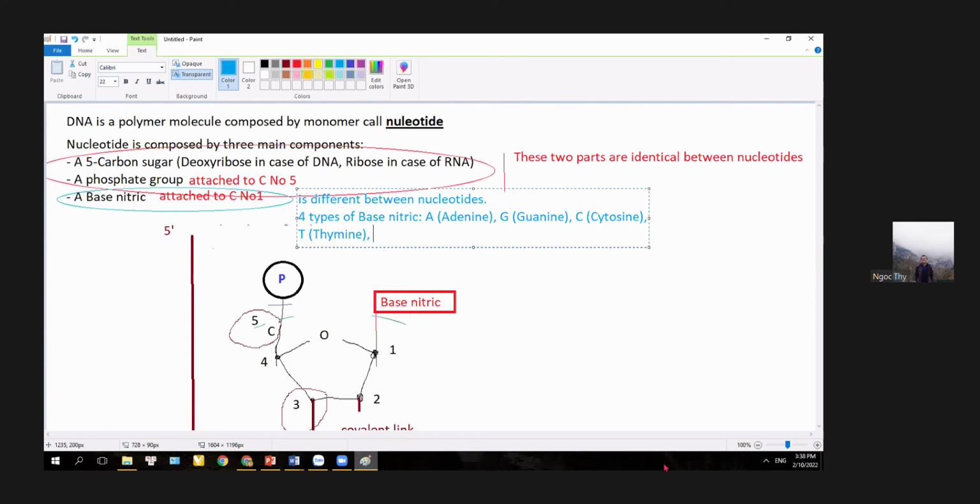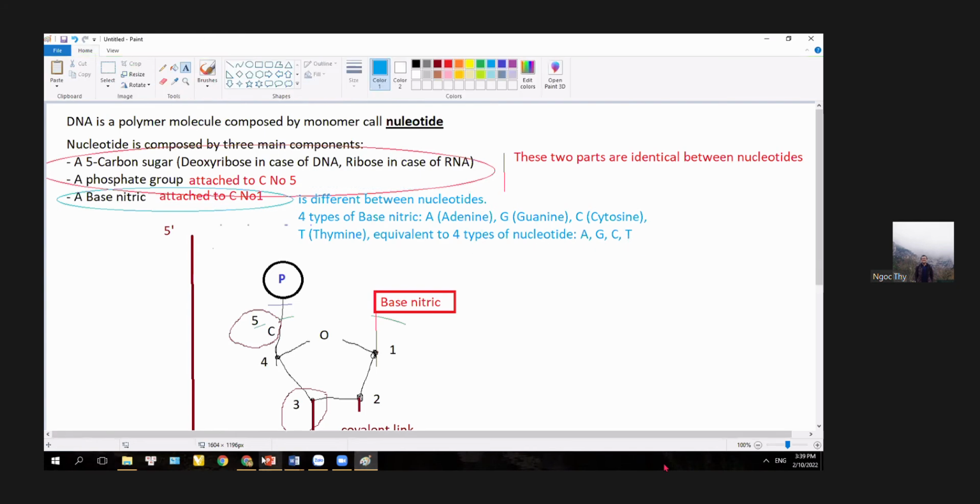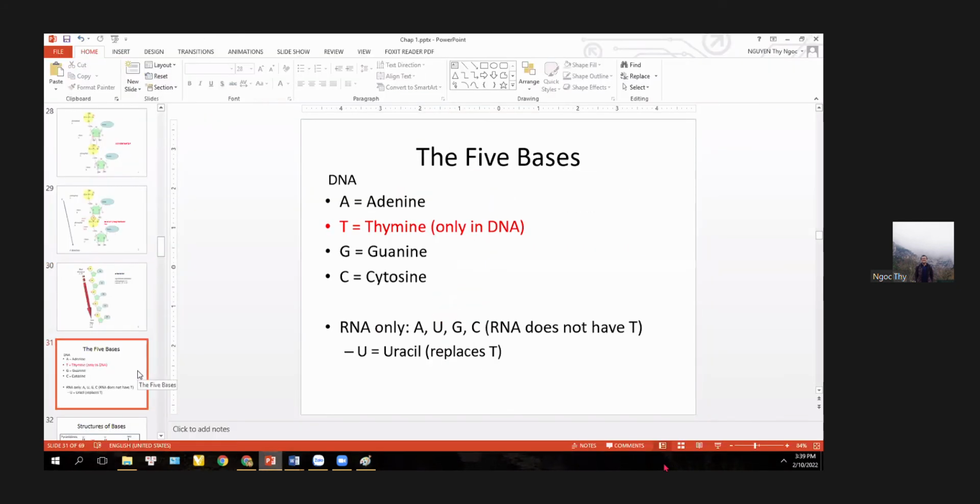And this is also equivalent to four types of nucleotide, which are A, C, G, and T. Okay. So in RNA, instead of thymine, we will have uracil.